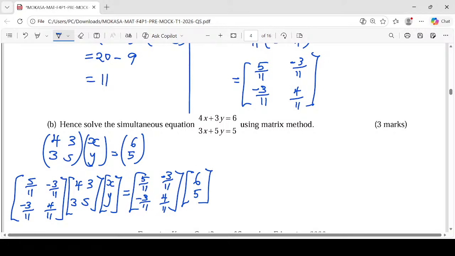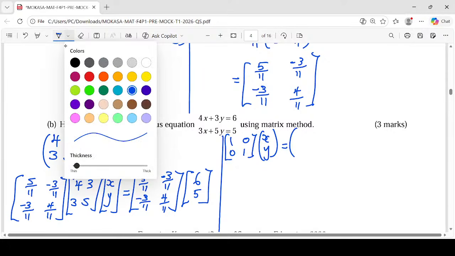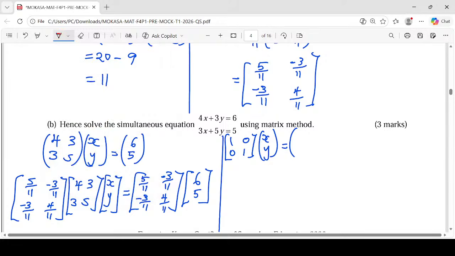Now, we are one step closer to the answer. Remember, the inverse of the matrix times the matrix itself is going to give you an identity matrix of the form 1, 0, 0, 1, times x y, being equivalent to, how do we normally do the multiplication, ladies and gentlemen? We multiply row by column.